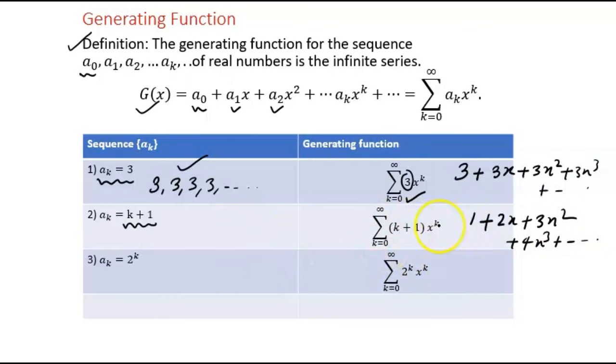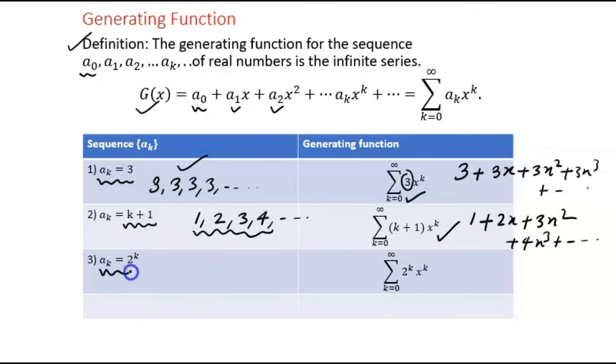So what is the sequence that we are getting? The first term is 1, the second term is 2, the third term is 3, the fourth term is 4, and so on. So this is just another way of representing the sequence. If I take this sequence 1, 2, 3, 4, and so on in the form of a generating function, this is how it will look.